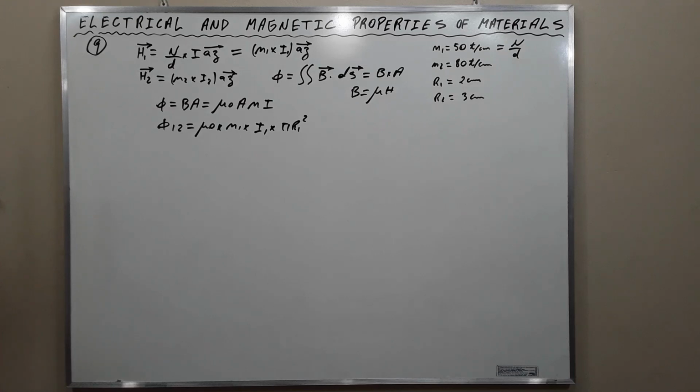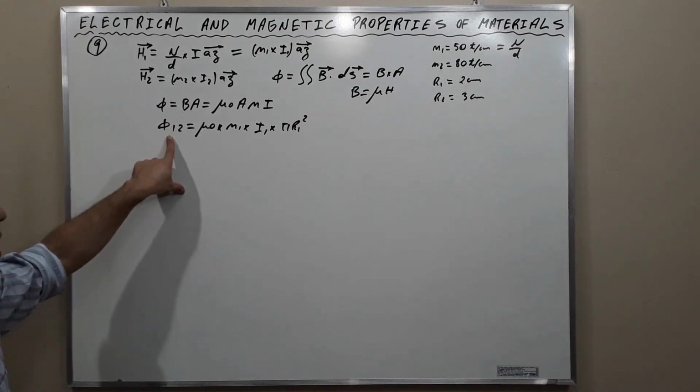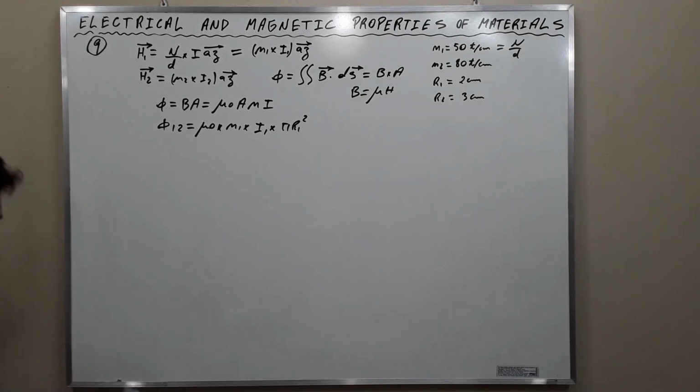And it turns out that if we substitute for the current, imagine that this is the influence of solenoid 1 and solenoid 2.